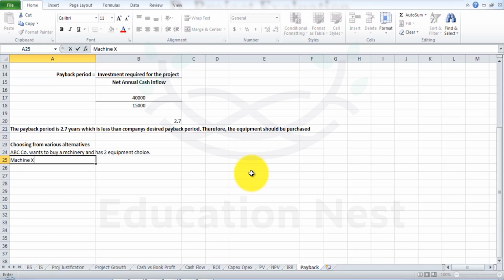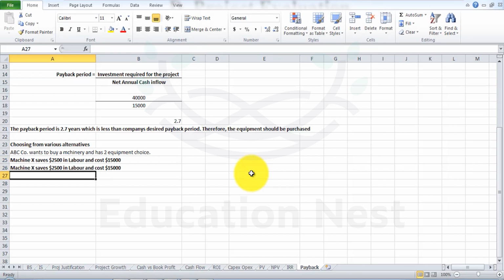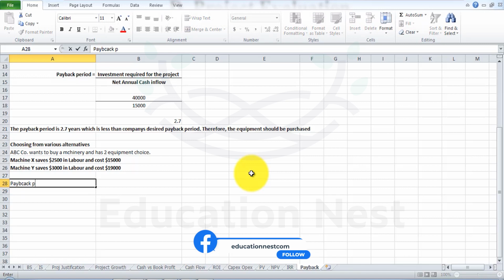Let's say machine X saves $2,500 in labor and costs $15,000 to purchase. Similarly, machine Y saves $3,000 in labor and costs $19,000.